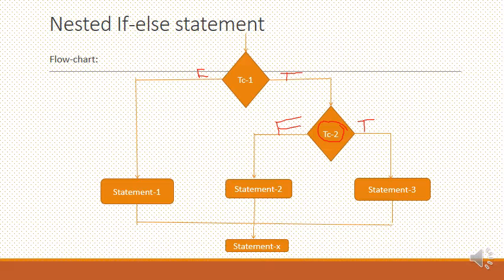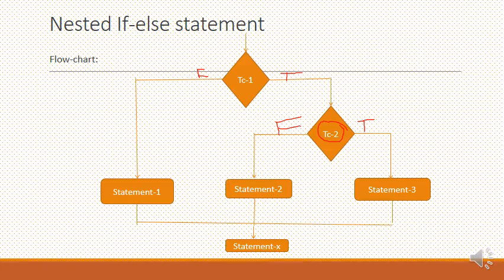When the first condition is false, remember that all these blocks are not going to execute. It executes the next statement. And when it is true, then what happens? It does not execute statement 1. Then it is going to check the second condition.